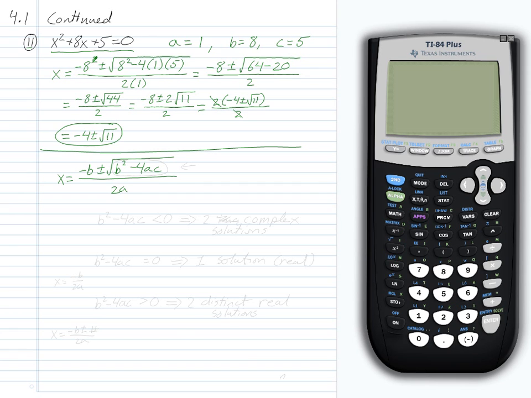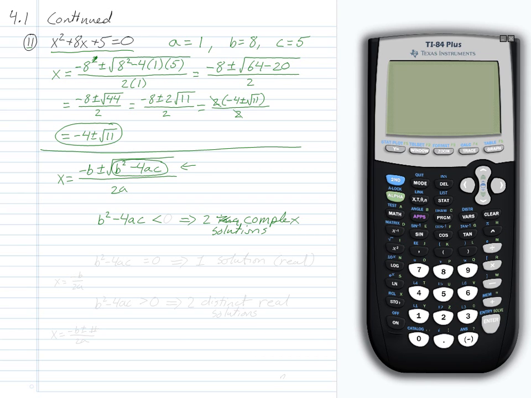But the interesting thing is if the solutions are imaginary or complex, that's going to be caused by some negative value under the radical. In other words, if the quantity b squared minus 4ac is negative, then you're going to have two imaginary, complex solutions.